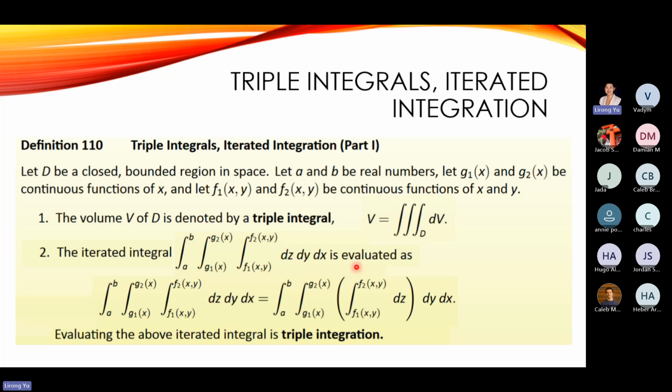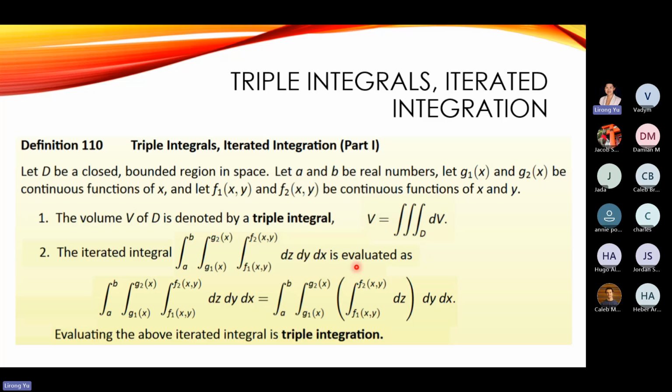Just think about permutating 3 elements, 3P3, right? So it's 3 times 2 times 1, 6 different orderings if you have 3 letters. So the order of integration for triple integral, there's 6 options.